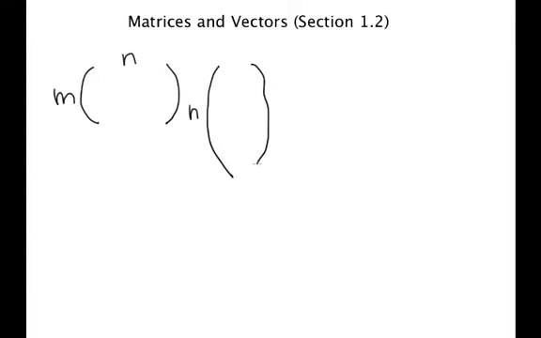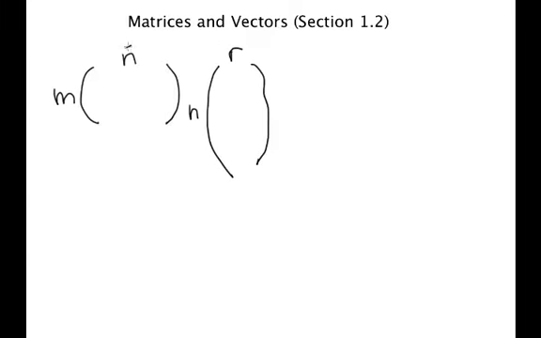Okay, so before I do an example, I'd just like to write this down. The way I like to think of this is you can multiply an m by n matrix times an n by r matrix.